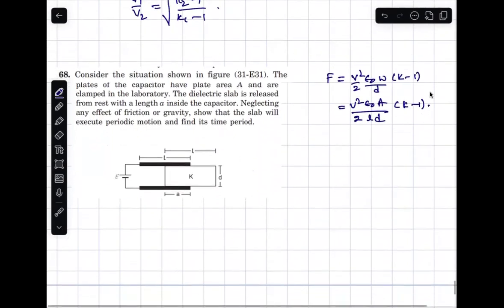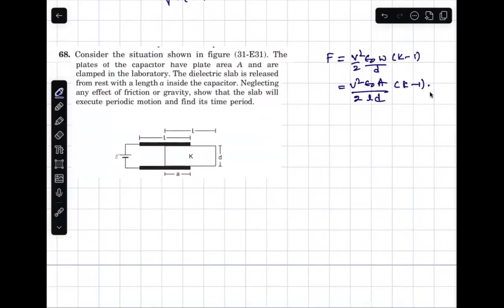So that the slab will execute periodic motion, and find its time period. Remember, it is already inserted by A and released. So L minus A distance is left. This L minus A distance, it will travel with a constant acceleration.